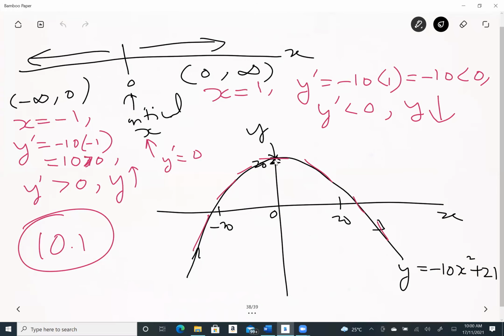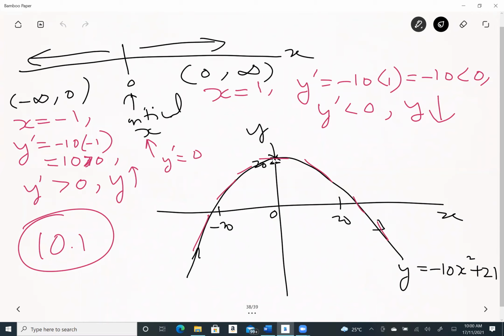And I think I have another graph. Over here, you will see the curve goes up and then goes down. So that critical point is a maximum. So basically, we use the first derivative.